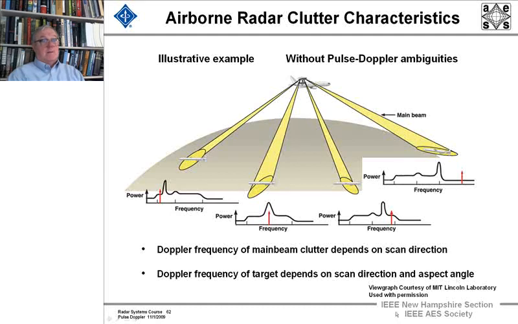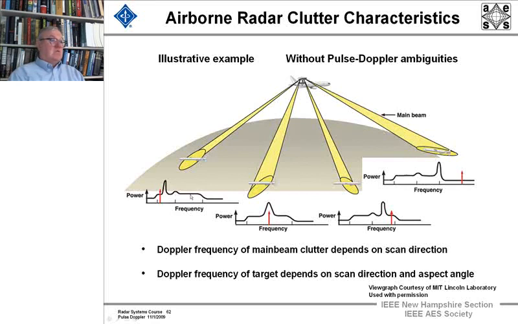Okay? And in addition to that, because the aircraft is relatively close to the ground and you're looking out at far distances, the side lobes of the antenna will illuminate the ground, and they are shown here as a bump, and here as a little bit bigger bump. And when you're broadside, you're going to get the biggest bump from the side lobe clutter.